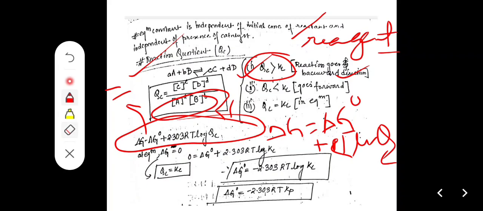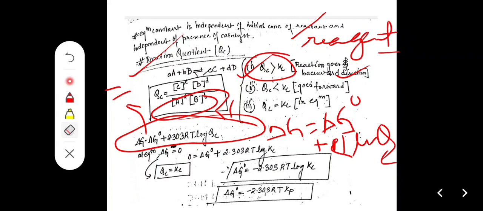When we omit ln and put log, we use 2.303 into log. So by this way we get del G equal to del G0 plus 2.303 RT log Qc. Del G is the Gibbs free energy, del G0 is the Gibbs free energy at standard state, and Qc is the reaction quotient.